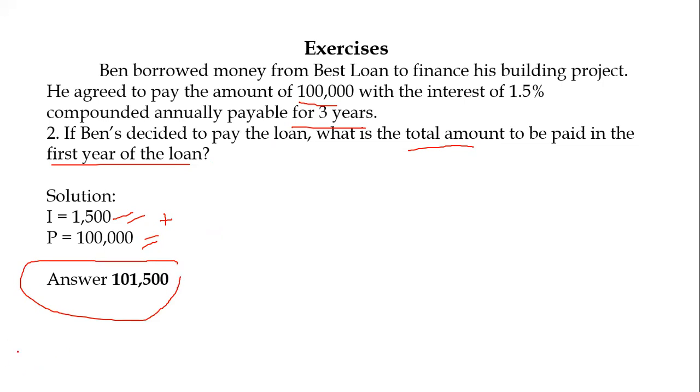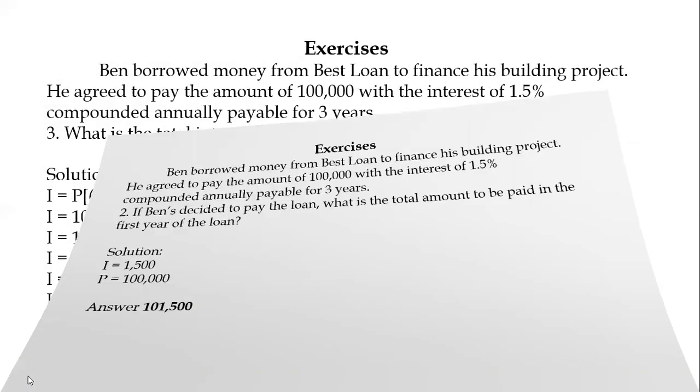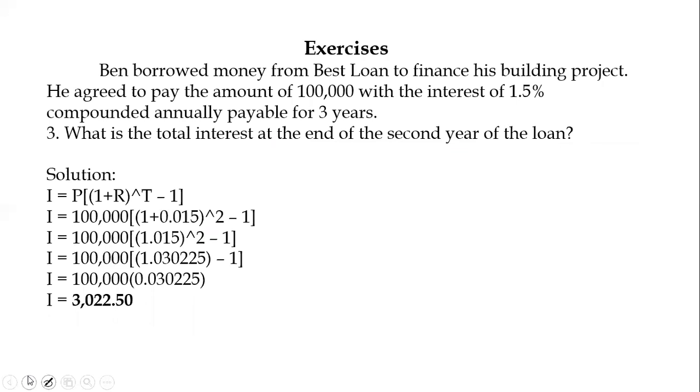All right, let's answer number 3. What is the total interest at the end of the second year of the loan? Since it asks for the second year, here we will really use the compound interest formula. Let's substitute the given amount to the formula provided.